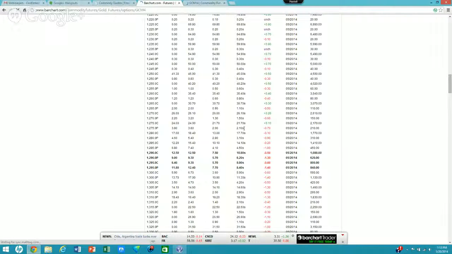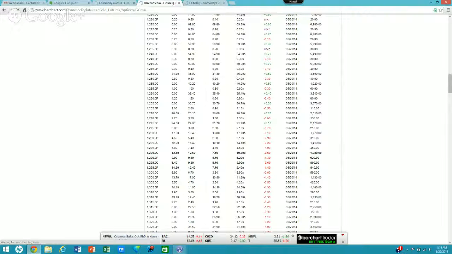This is what's called either a neutral option spread or a non-directional spread or something along those lines. You sell the 1275 put, sell it for 210, and sell the 1315 call, and now you're outside the range.